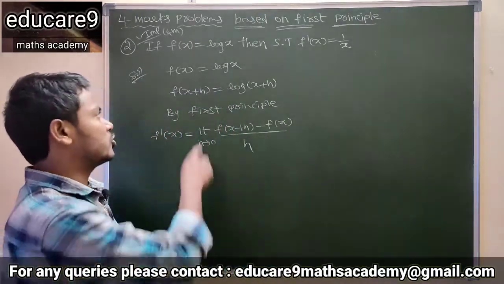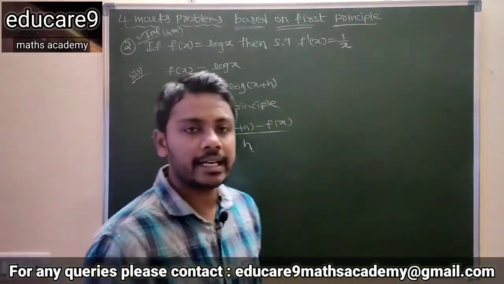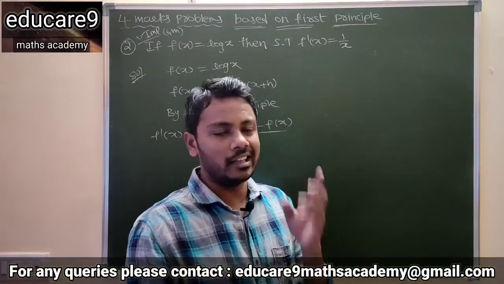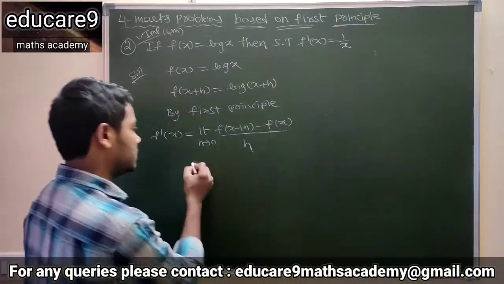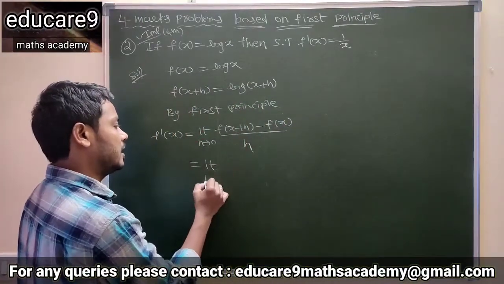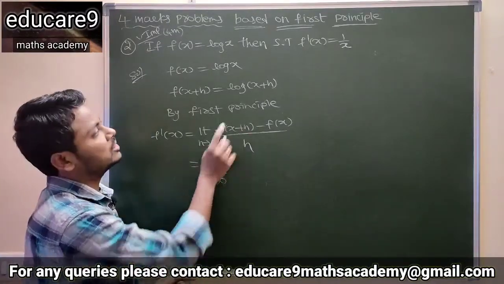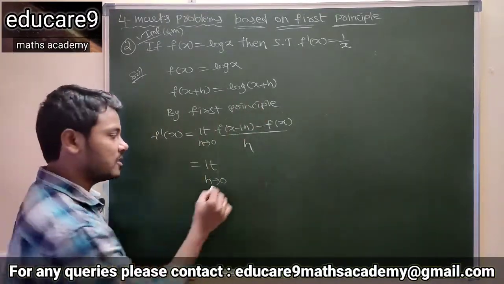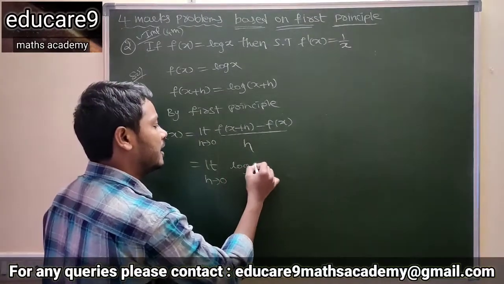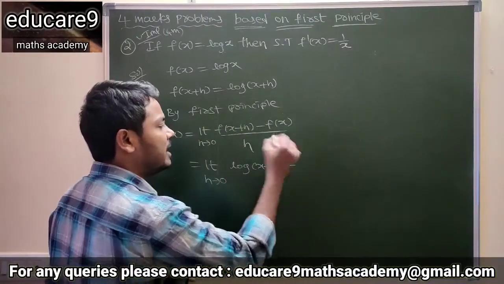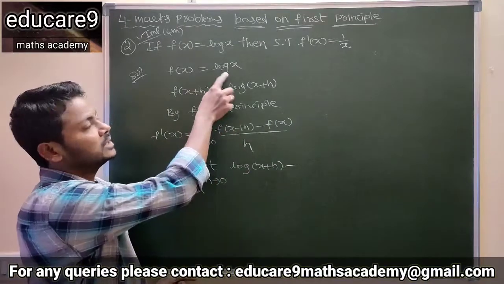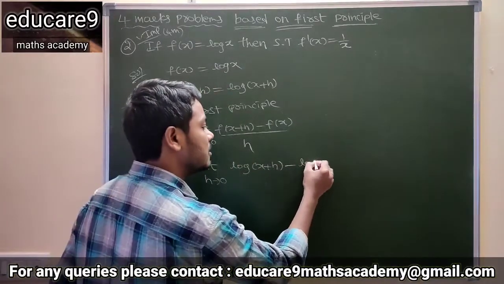Substitute the values of f of x plus h and f of x in the first principle. So this is limit h tends to 0. What is the f of x plus h value? That is log of x plus h, minus the f of x value, that is log x.